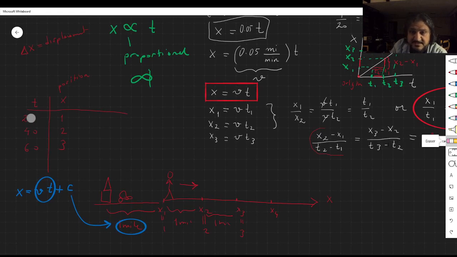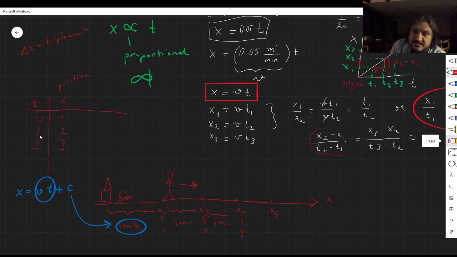So let's replace this 20, 40, and 60, and let's make these 0 and 1 and 2. So t still tells you the time spent while walking, but now x refers to the location, where you are, how far you are away from your house, right?